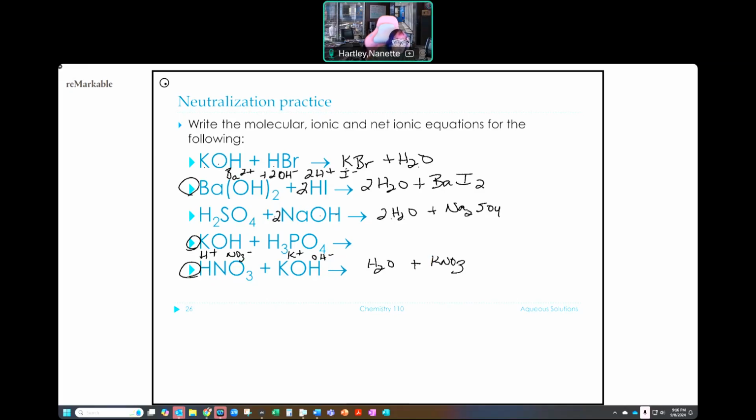Now, it may seem like I'm going through this really fast, and I am. One of the things that I have learned as I've done this is that we have certain types of reactions. I talked about combustion reactions, and I said that was always something reacting with oxygen to give carbon dioxide and H2O. That's true. These are neutralization reactions, and so we're always reacting an acid and a base to give us salt and water.